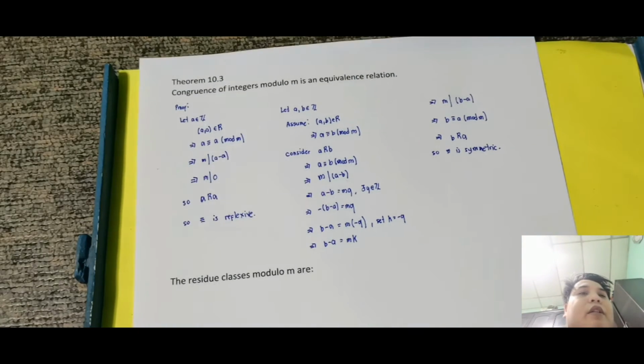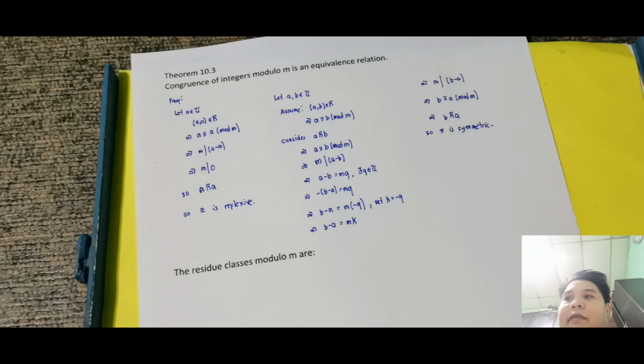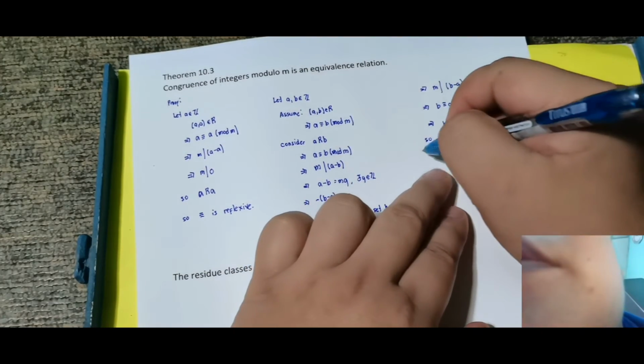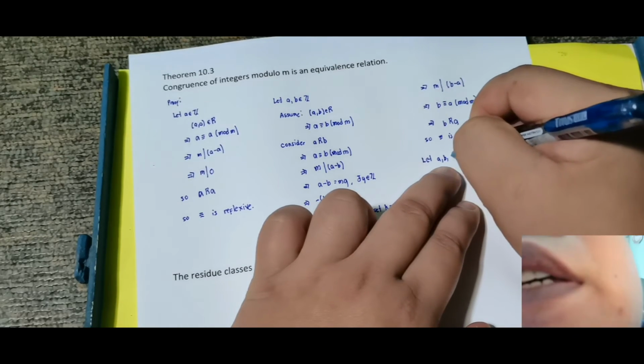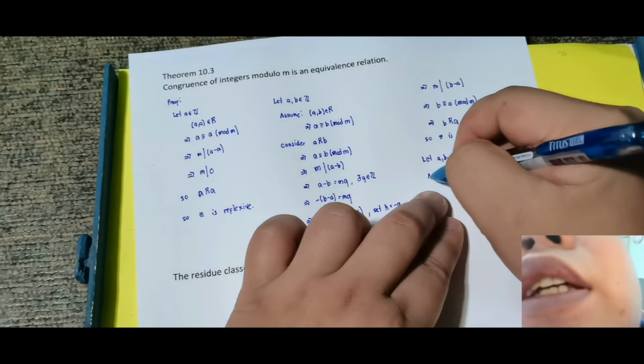Okay, so next kailangan natin i-show na siya naman ay transitive. So paano siya transitive? Tatlong element, no? Dalawang assumption, tatlong element. So let a, b, and c be elements of integers. Yung mga assumption natin dalawa.